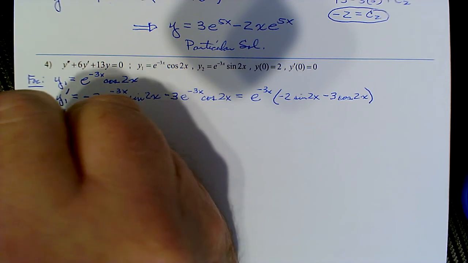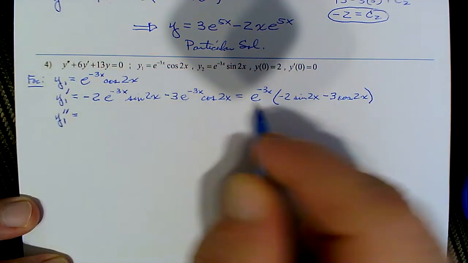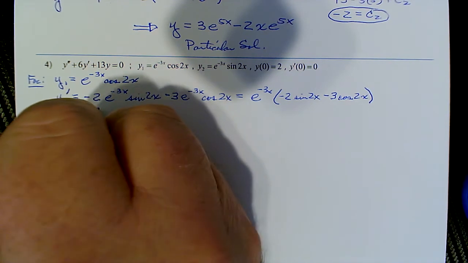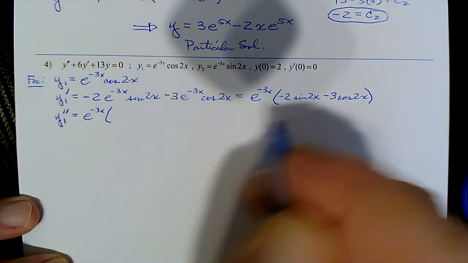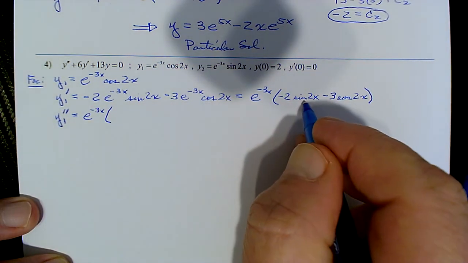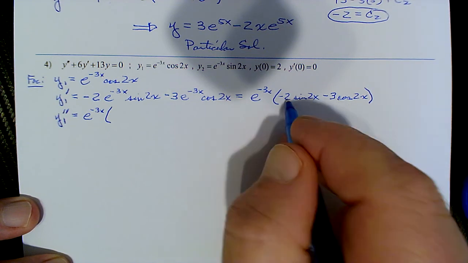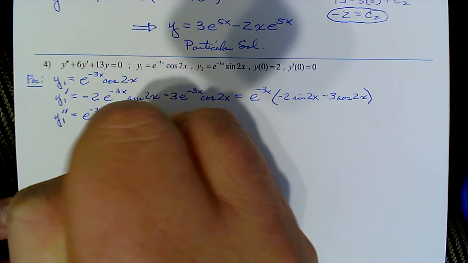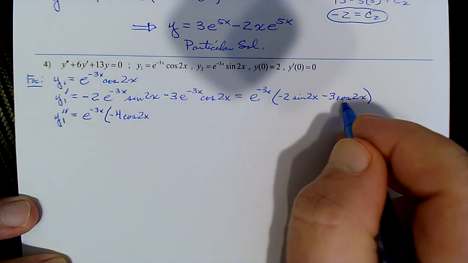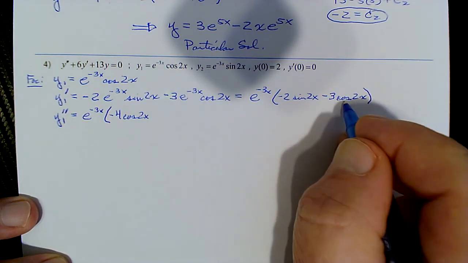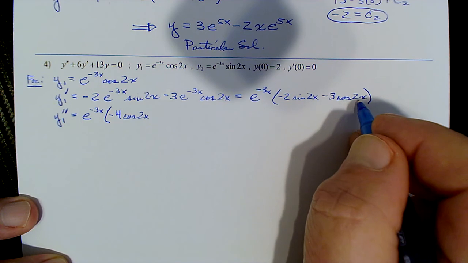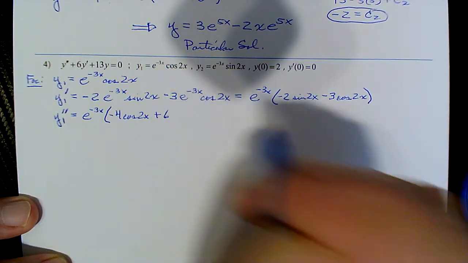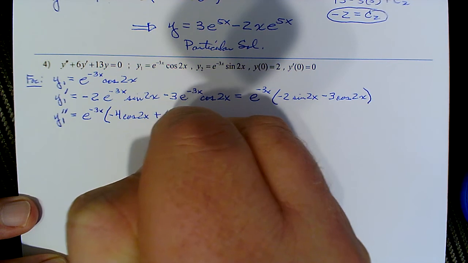So then for the second derivative, we've got the first factor, e to the negative 3x, derivative of the second, derivative of sine is cosine 2x times 2, so that makes this negative 4 cosine of 2x, and then the derivative of negative 3 cosine 2x, cosine becomes negative sine of 2x times 2, that's positive 6 sine of 2x.